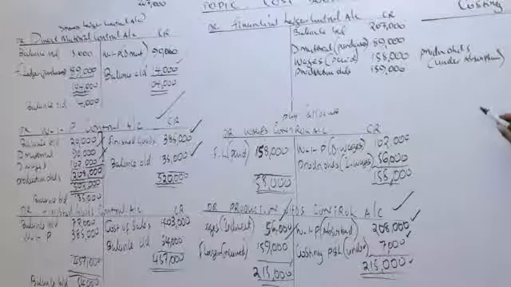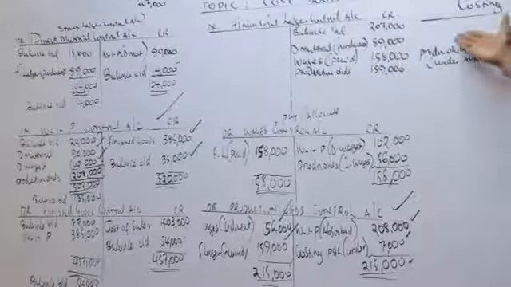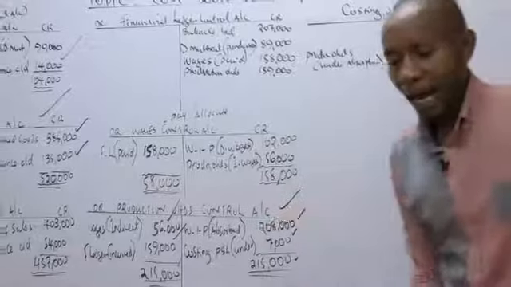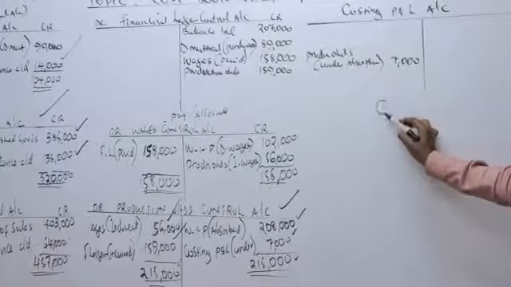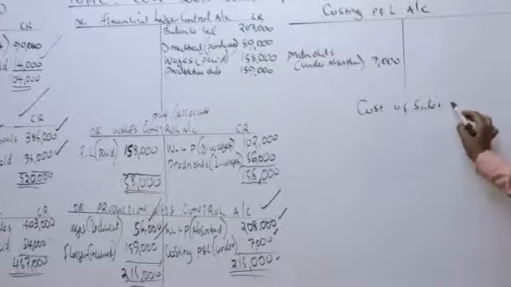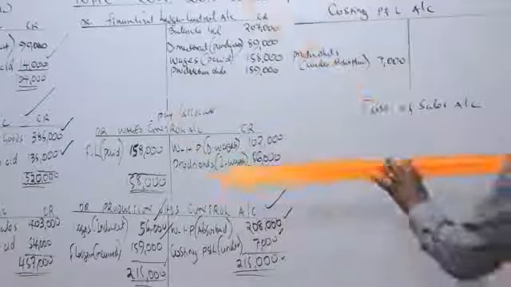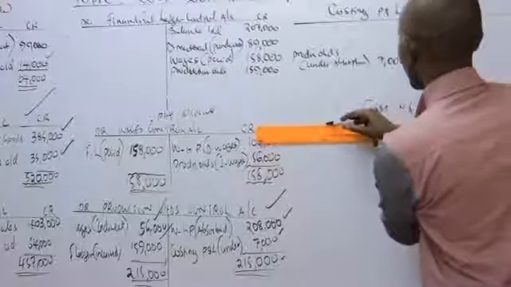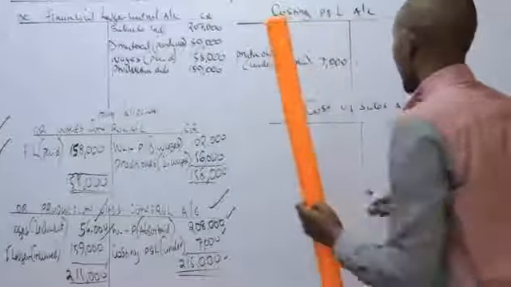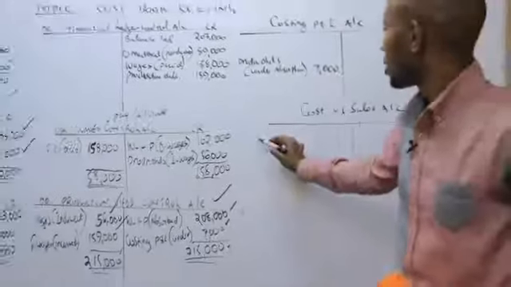So let me open a cost of sales account. Some of you can just bring it directly to the costing profit and loss, but I can complete a double entry by having the cost of sales account. So the cost of sales account has come from finished goods.